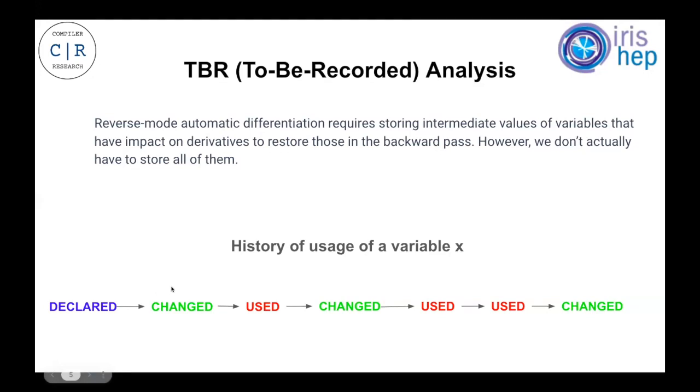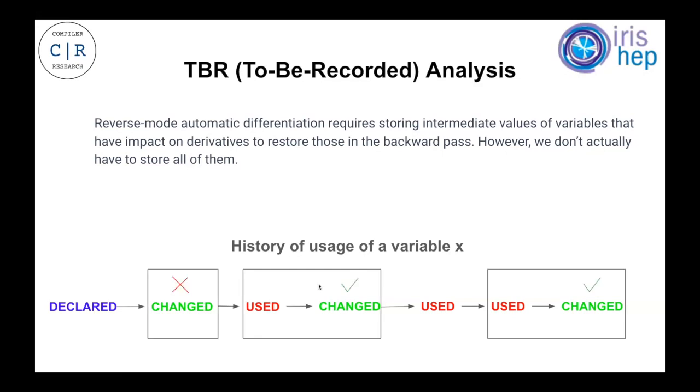So before we change it, we always want to store the intermediate value of that variable. However, this is not always necessary because, for example, in this example we don't have to store the value of that variable before it was changed right here, because it's never used before that expression. So we don't need the value of that variable before that.